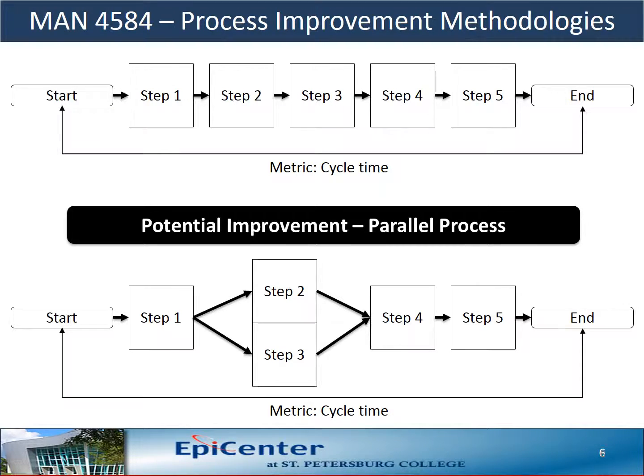Assignment 3 will be to run a Kaizen event or what is known as a PDSA cycle, where you should show as an example that running step 2 and step 3 in parallel could reduce cycle time by some factor. This is an example of a process improvement strategy that is called parallelism or resequencing.